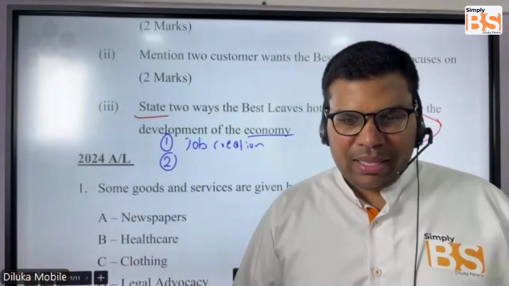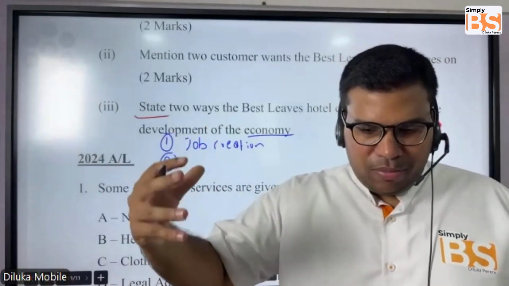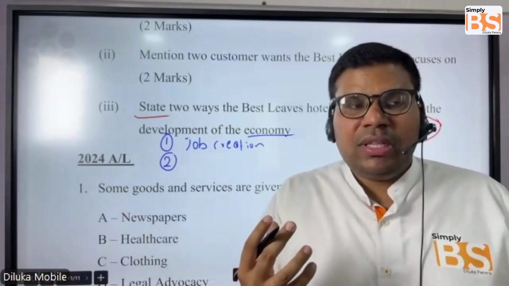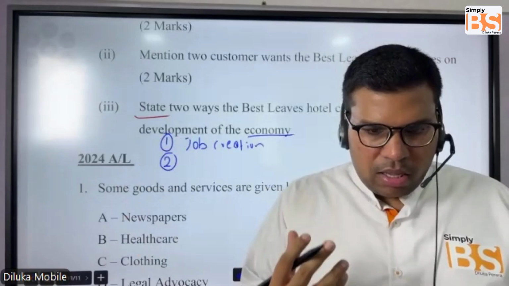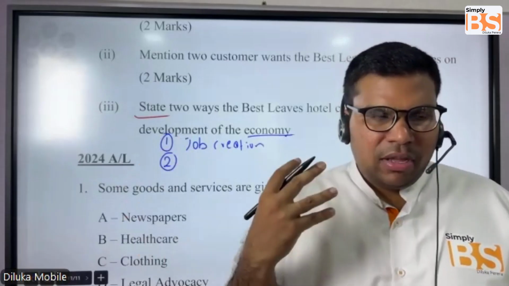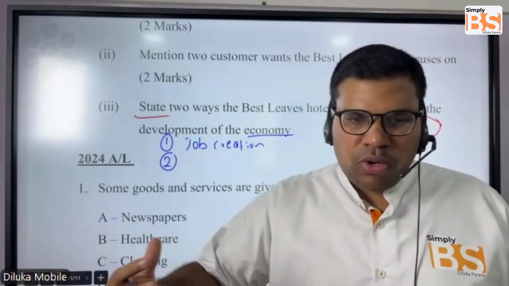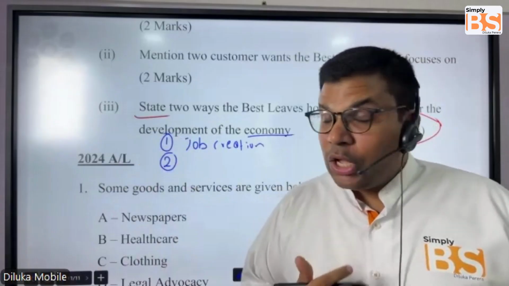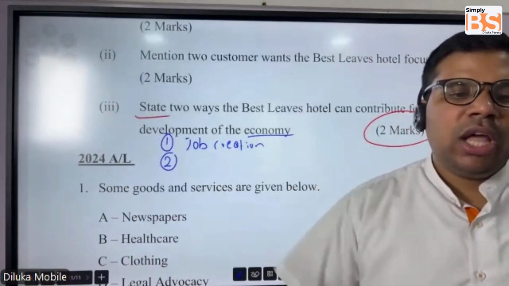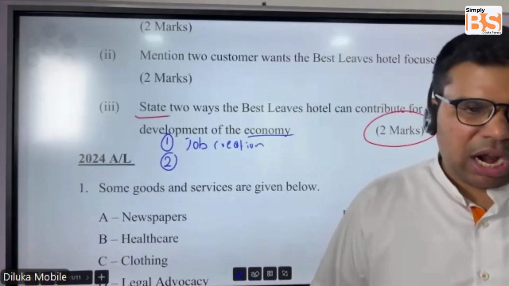Can you remember what gross domestic product means? The value of the goods being manufactured and the value that is being generated through service provision. So they're contributing to the GDP of the country.